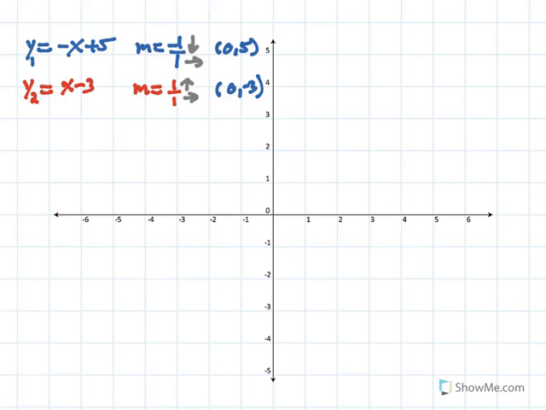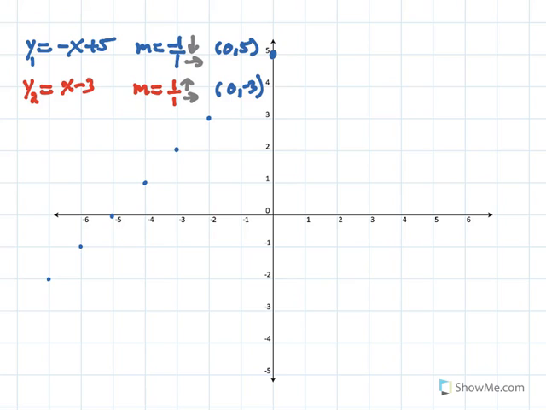So we have 0, 5. So that's my first point, which is right about here. And then my slope is going to be down 1 over 1, down 1 over 1. I'm just going to kind of skip it here. Down 1 over 1. You see that? So that would be my line.